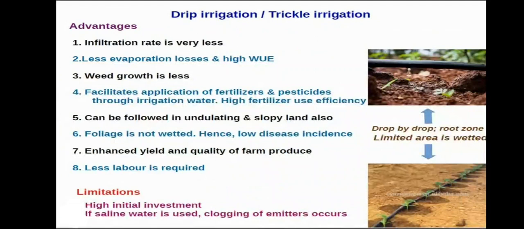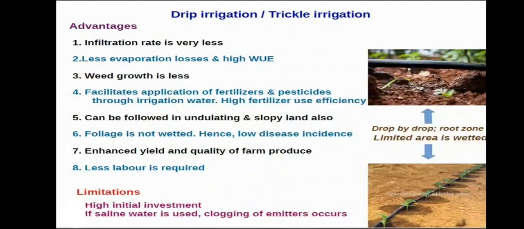Next, the advantages of drip or trickle irrigation. Infiltration loss is very low. There is no deep infiltration, as water falls drop by drop directly on the root zone. When the water is enough, we stop the drippers. There are less evaporation losses and high water use efficiency.